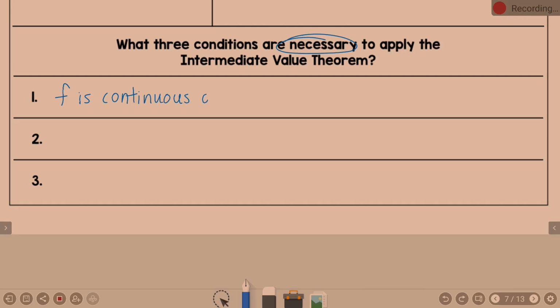Your words versus my words, same thing. f of c has to fall in between f of a and f of b. f of c must be between f of a and f of b.